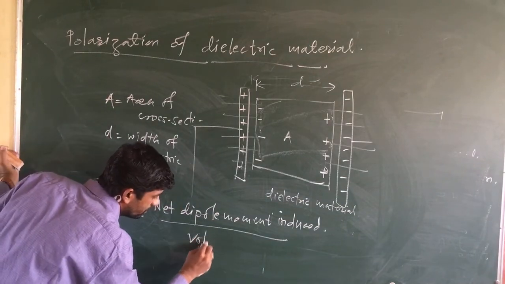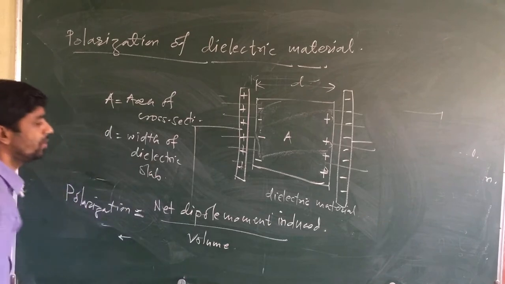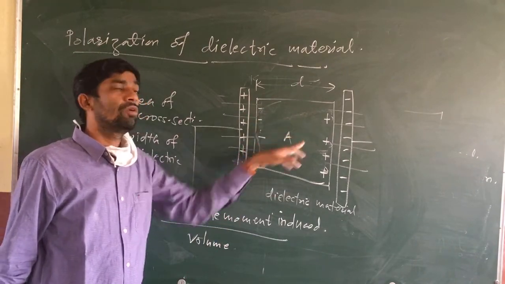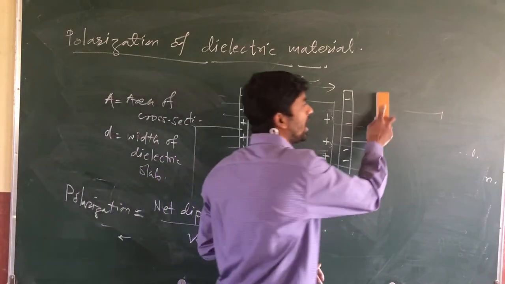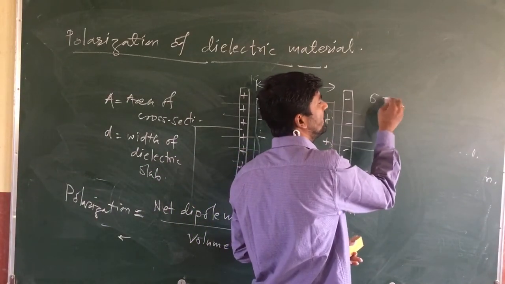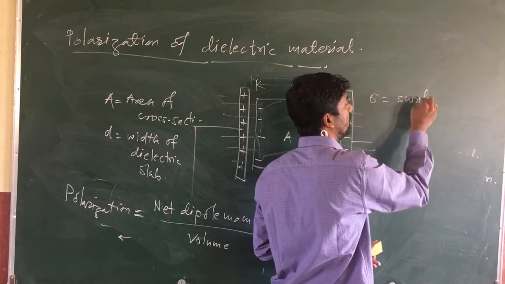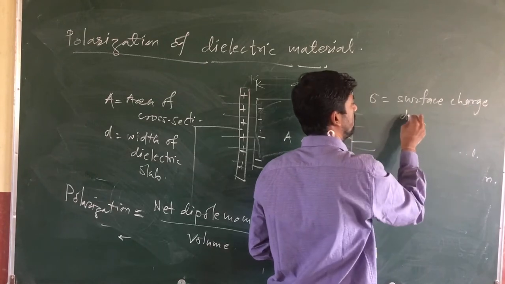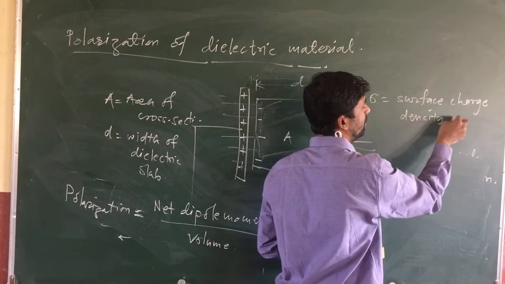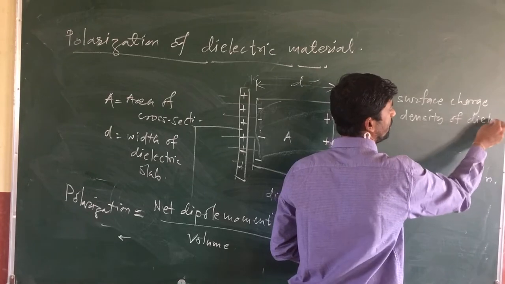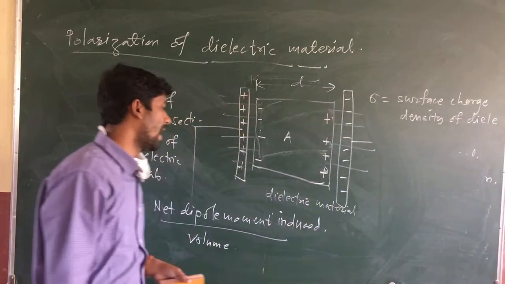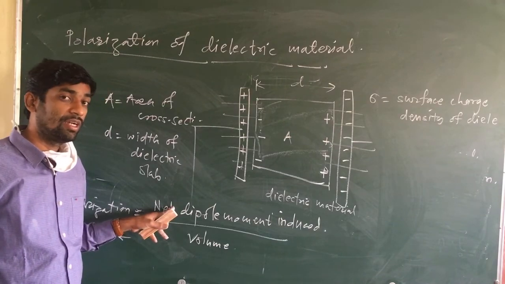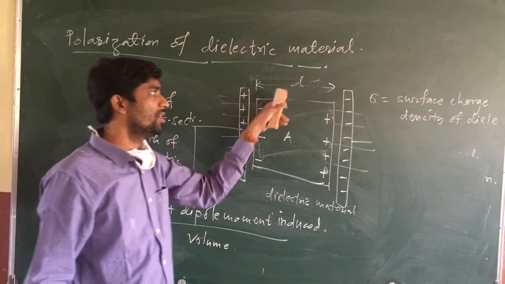Negative and positive charges are induced here, so I take sigma as the surface charge density of the dielectric slab. And what is dipole moment? Dipole moment is charge into distance. Here, what is the distance between the two plates? D.